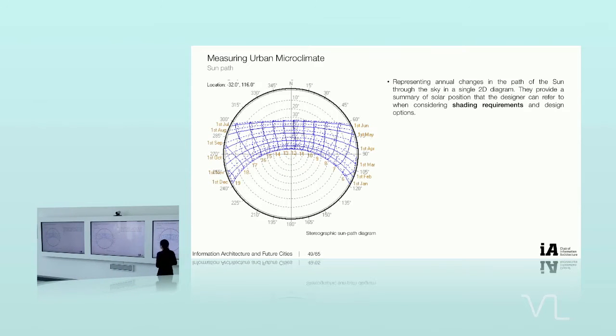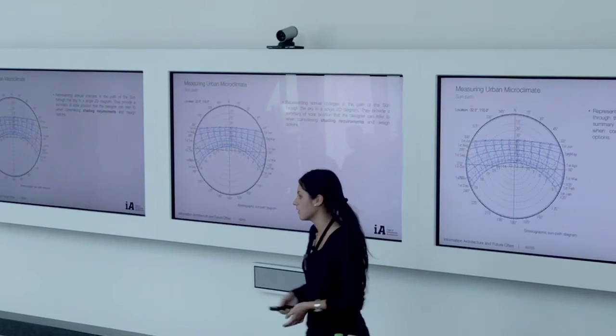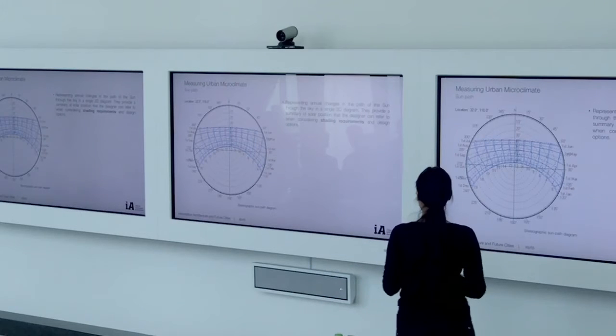And then for the sun, we also have a similar or quite different tool. It's called the stereographic sun path diagram. It shows in 2D the sun path during the year and then during the day. So the different days of the year and the different hours of the whole day.